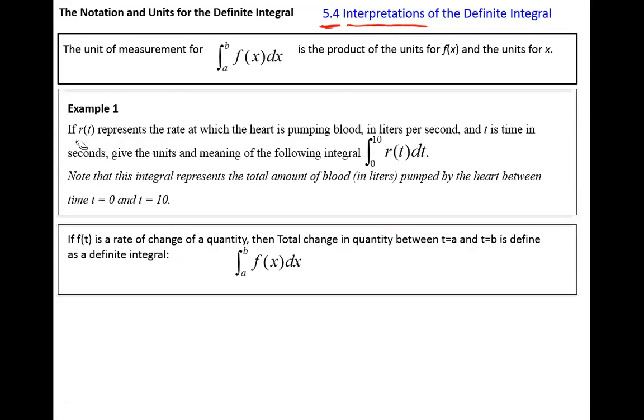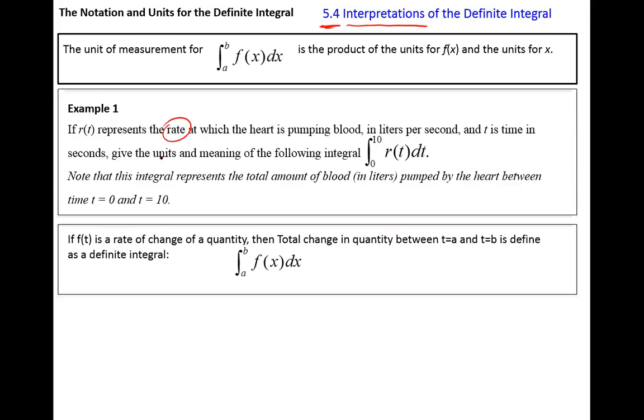If R of t represents the rate at which the heart is pumping blood in liters per second, and t is time in seconds, of course liters per second, that means now we have to give the units and the meaning of this integral: the integral from 0 to 10 of R of t dt. We know this integral will represent the total amount.